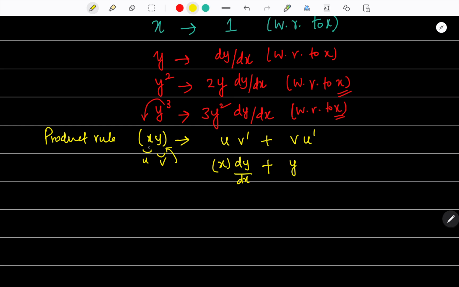And keep y, what's the differentiation of x with respect to x? It becomes 1. So this is the way we are going to differentiate with respect to x. This is a simple logic you need to keep in your mind before starting this exercise, implicit differentiation. Clear, everybody? So now let's start the differentiation questions.